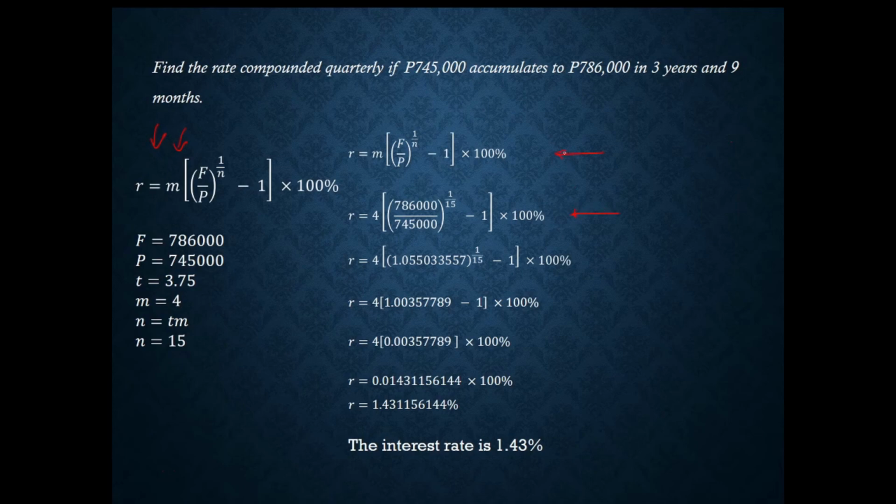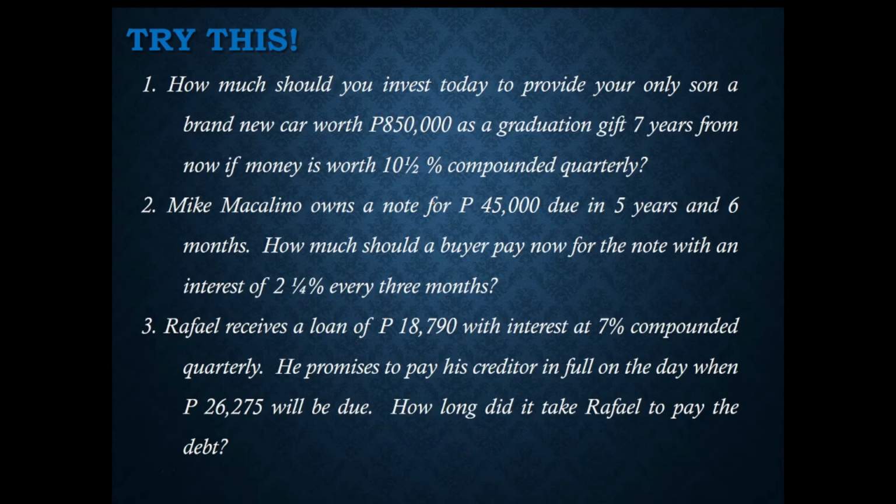So what you need to do is check if I've arrived at the correct answer. For the interest rate compounded quarterly, it would be around 1.43%. So it's a very small interest rate at 1.43%.